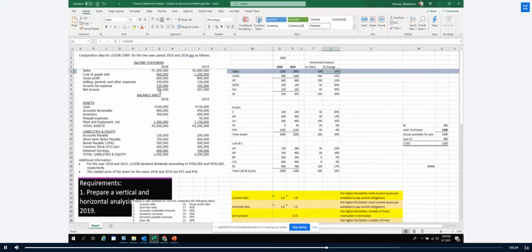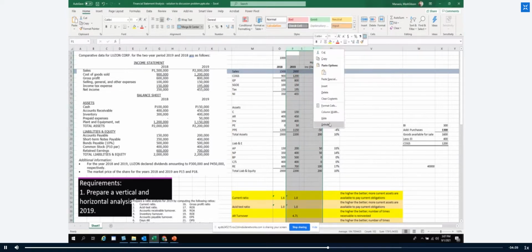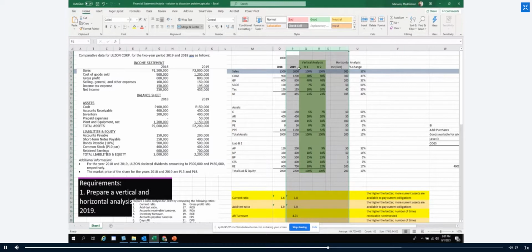So you might want to go through it once again and then compare your answer with the Excel file that I have provided to you. That's the best way to learn this topic. But like I said, horizontal analysis is pretty straightforward. With that, let's go to the vertical analysis.